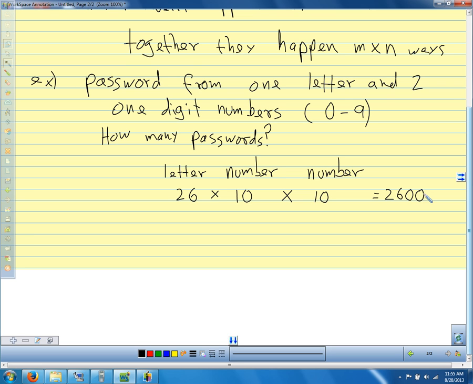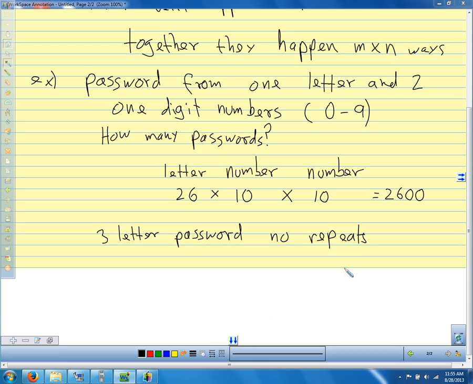Now, what if I change the problem a little bit? What if I wanted to make a three-letter password, but I can't repeat letters? Well, let's look at that one. How many choices do I have for the first letter? 26.